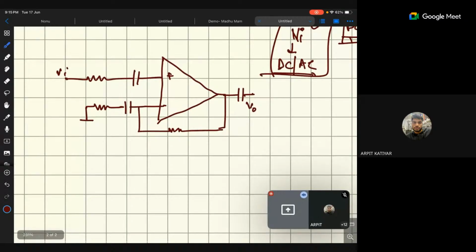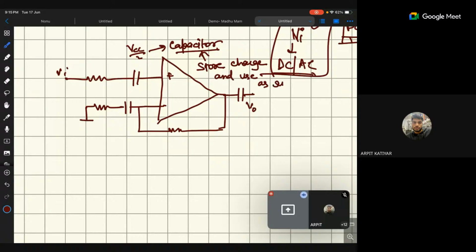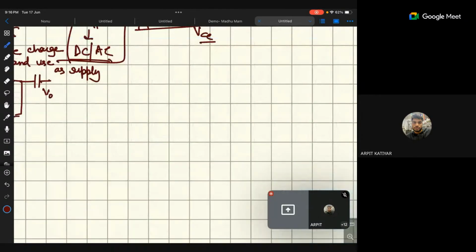So we can convert our circuit in such a way that in place of VCC by 2, I use a capacitor. That capacitor will store charge and be used as the supply source of VCC by 2.